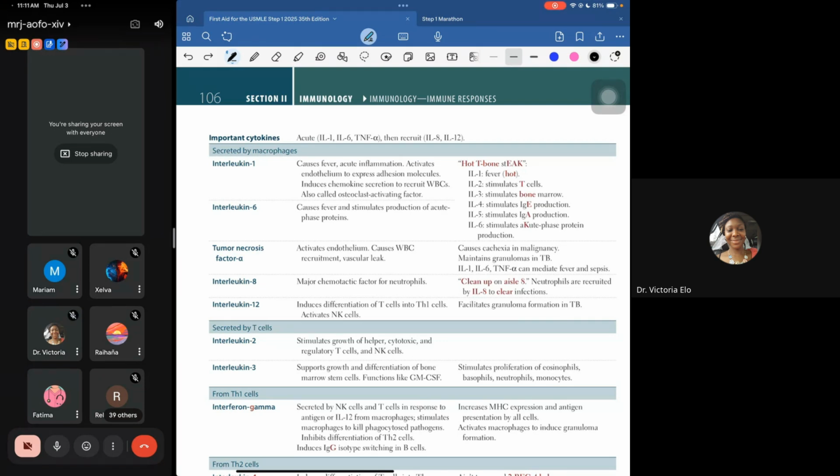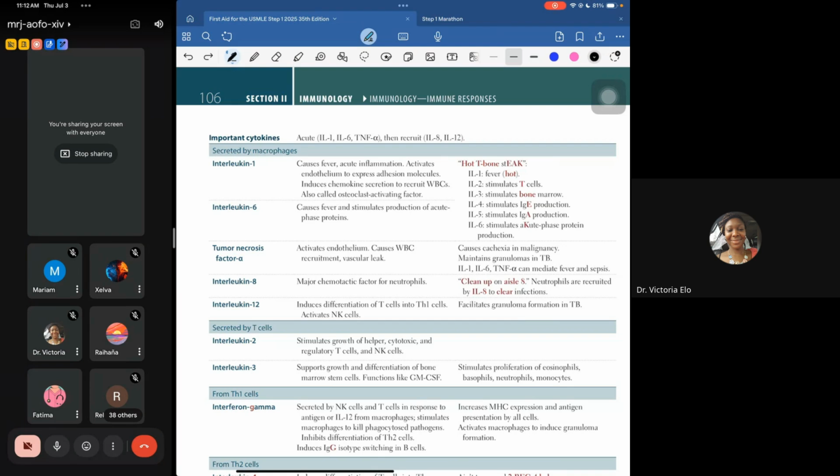TNF alpha has a lot of features, and the most important feature is that it's going to activate the endothelium, right? Whenever there is any injury or infection, tumor necrosis factor alpha is going to be produced.